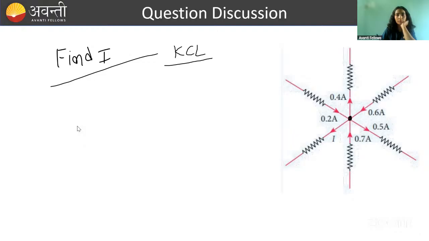Anyone? जल्दी से आंसर बताओ आप लोग. Whatever you are getting. KCL use करो. Whatever current is coming to the junction will be equal to whatever current is going out of the junction. Done it?